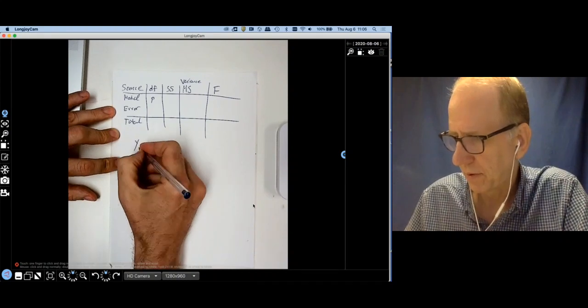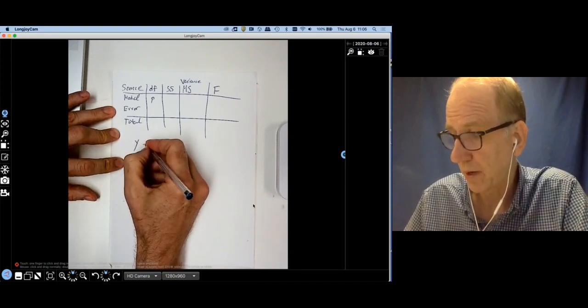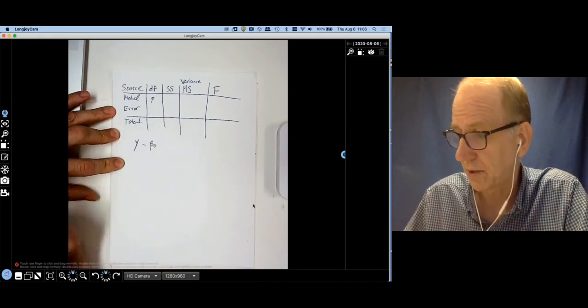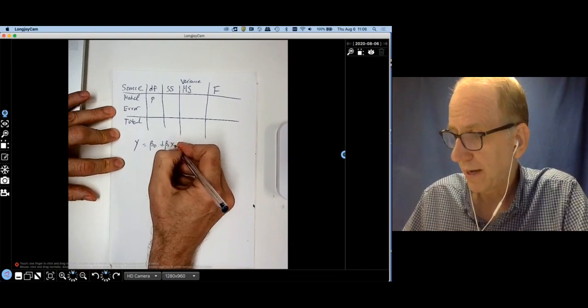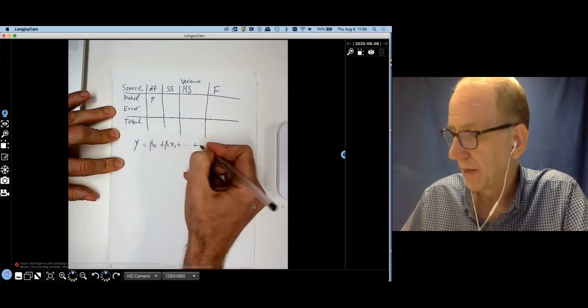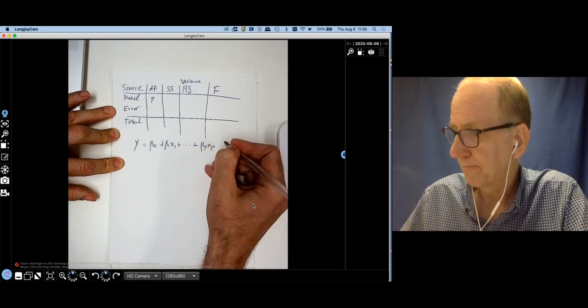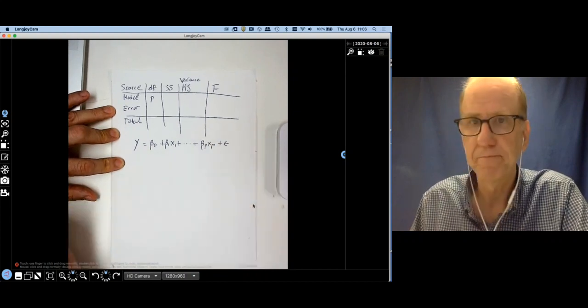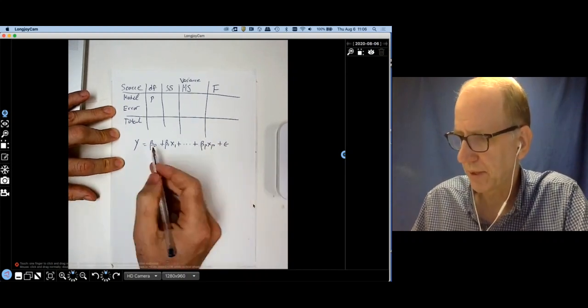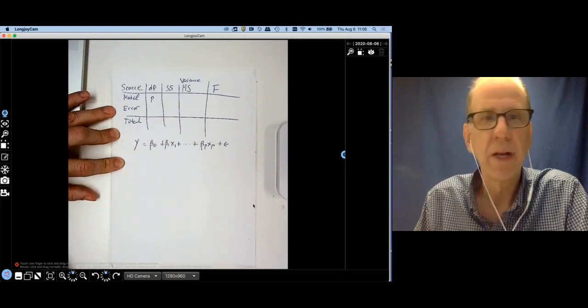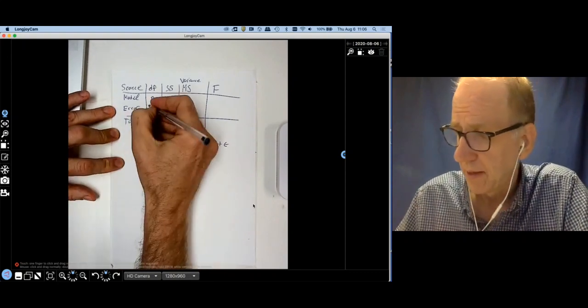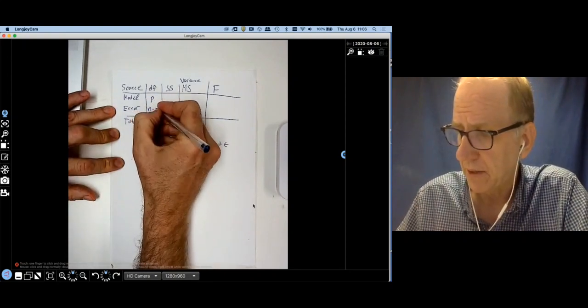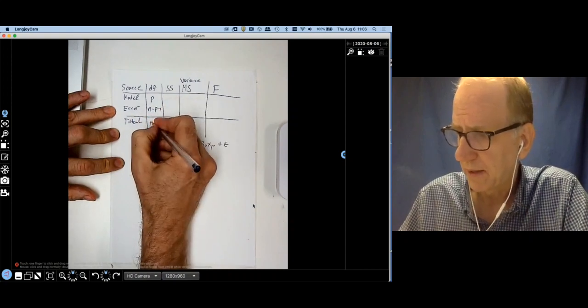So for example, your model might look something like this. Y is equal to beta naught, there's your intercept, plus beta 1 x1 plus all the way through beta p xp plus some errors. All right, so I have P predictors plus an intercept. The model has P degrees of freedom. The error has n minus P minus 1, and then this is n minus 1.